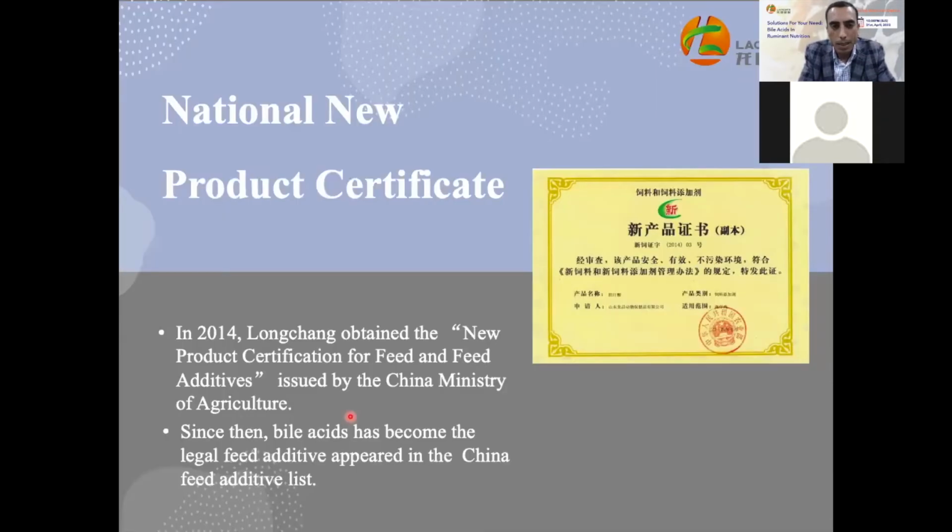Bile acid was approved as a supplement in animal nutrition in 2014, and La Chance Group attained the approval from the Ministry of Agriculture in China in 2014 for complementary and supplemental use in animal nutrition, and now it is also approved for use in ruminant nutrition.